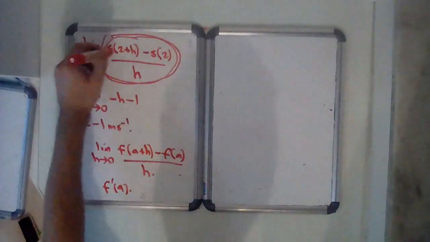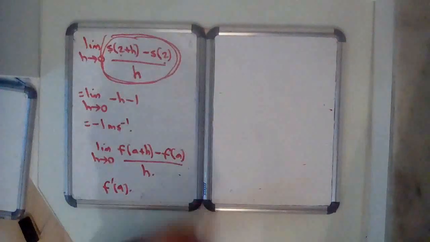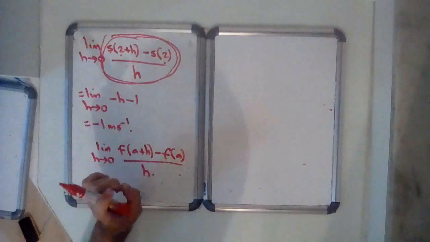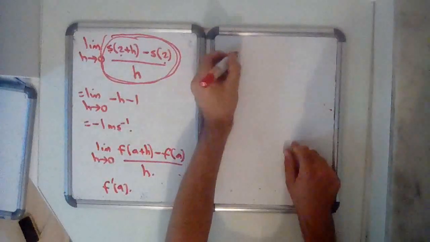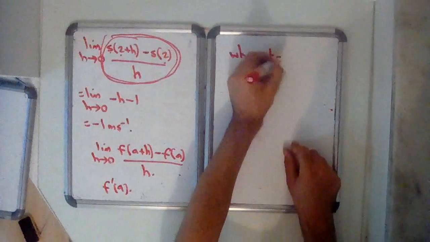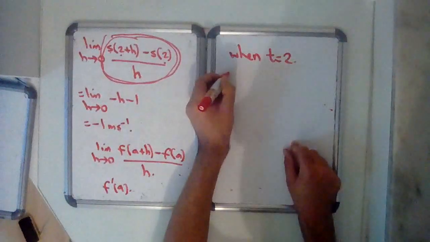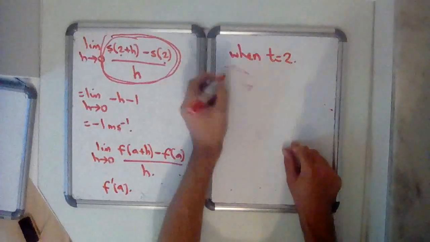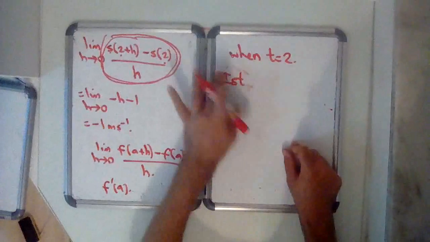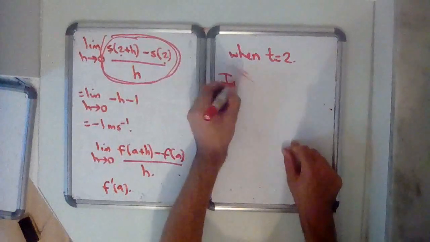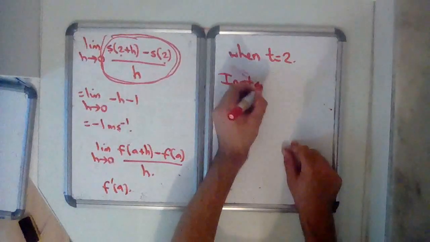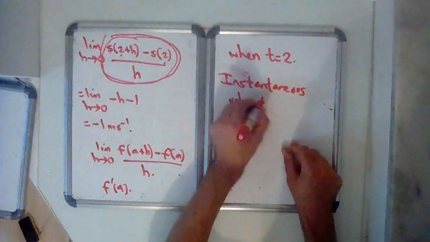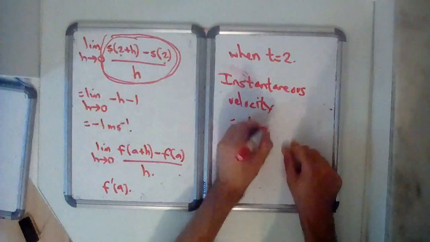We're interested in the point 2, a being 2 here, so the rate of change of displacement is velocity. So that's telling you at 2 seconds, when t equals 2, the instantaneous velocity equals minus 1 meters per second.